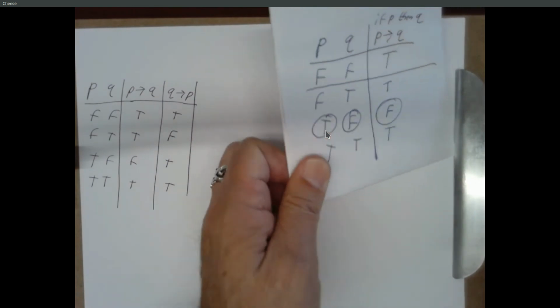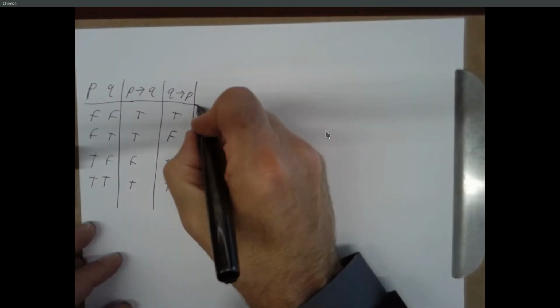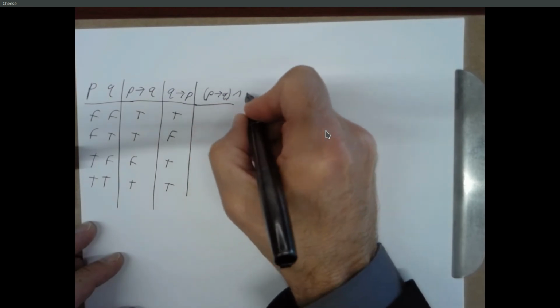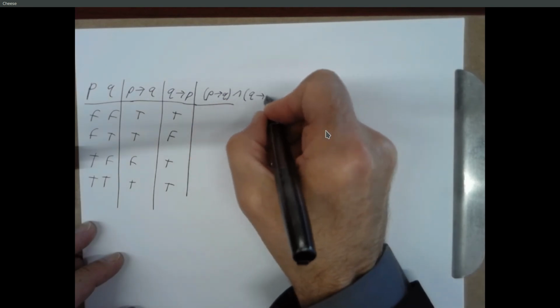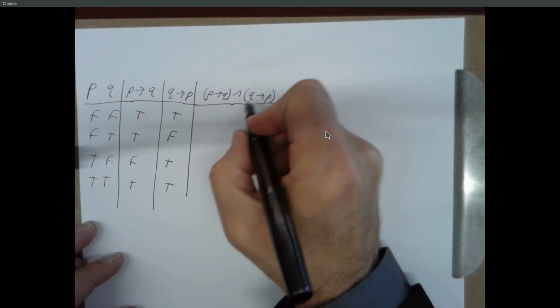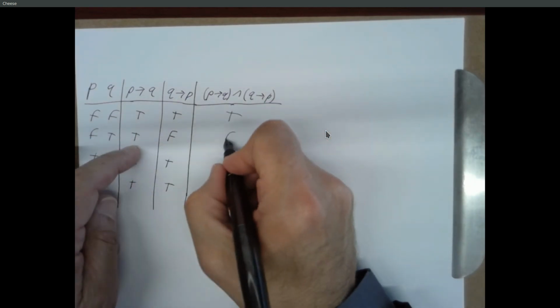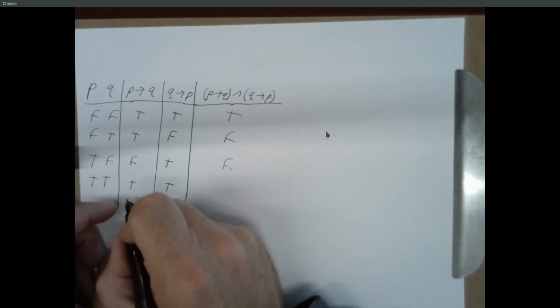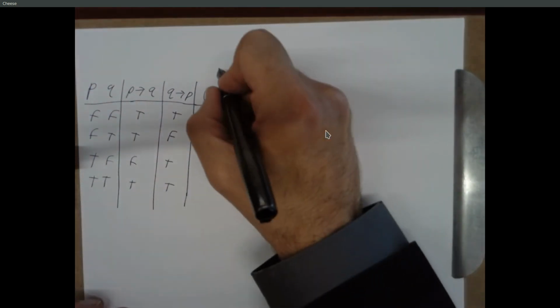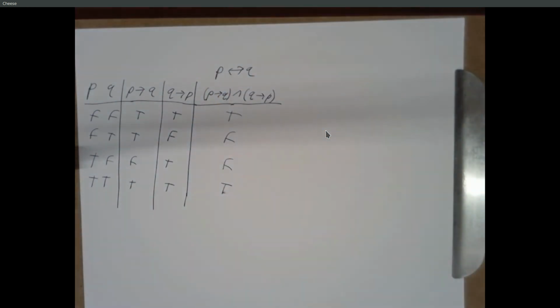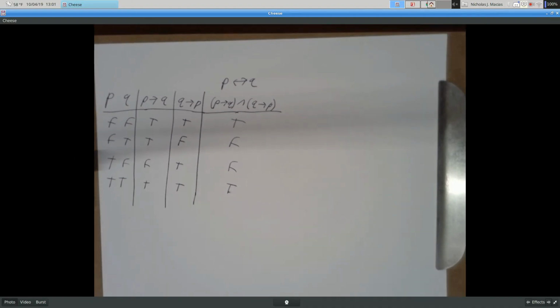And so now if I take the conjunction of these two, if P then Q and if Q then P, well, true and true is true, true and false is false, false and true is false, true and true is true. And this is what we called our biconditional, P if and only if Q. So what's a biconditional?